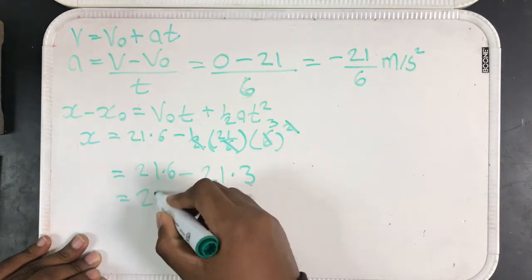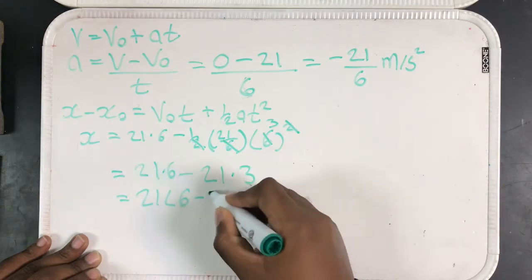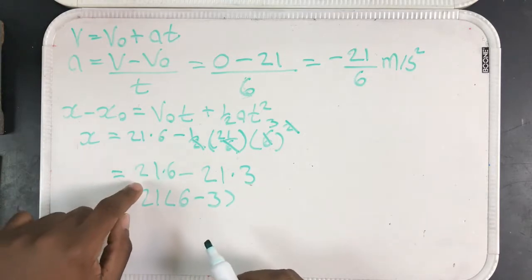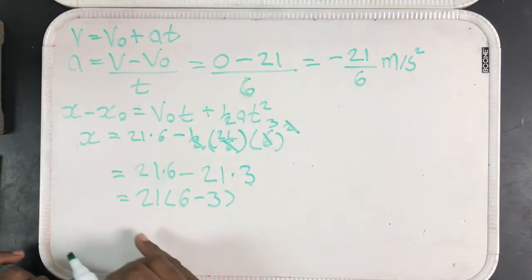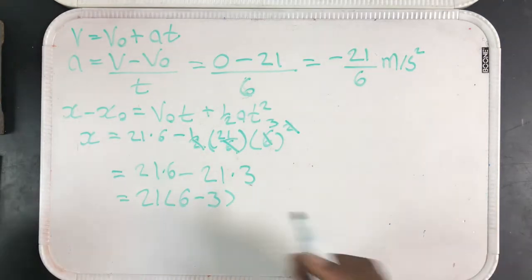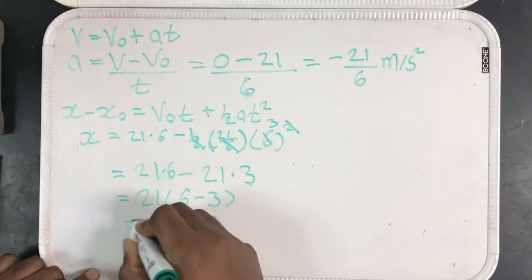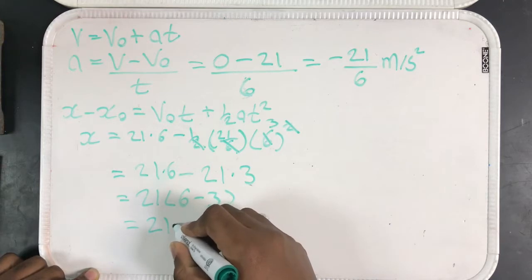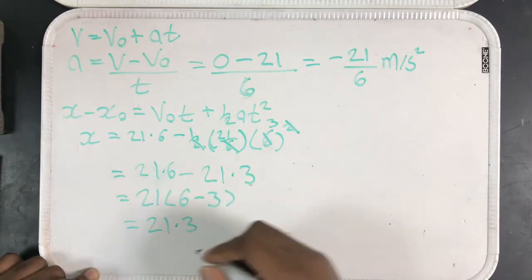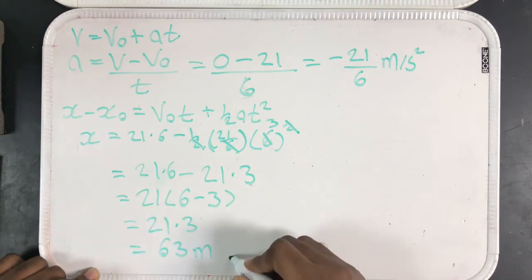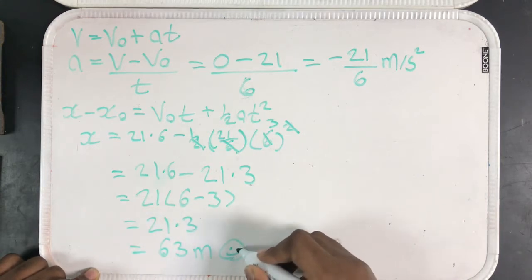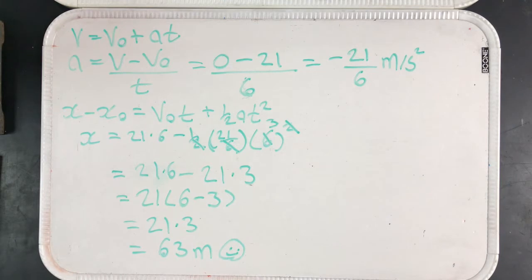And if I factor out a 21, because I just pulled this 21 out of here, and I pulled it out of here. So if I distribute it, I've done nothing new. I still get the same thing back, which is just 21 times 3, which is a beautiful 63 meters. Smiley face.